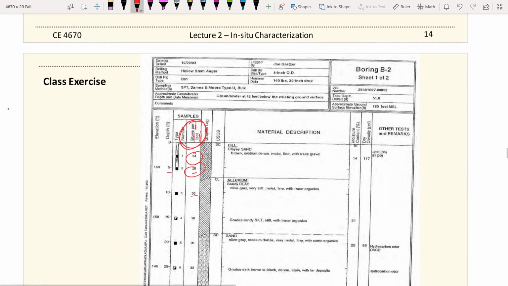So pretty much this gives you the SPT-N values, and you will need the corrections to correct your SPT-N to N60, and you may also need to convert the N60 by multiplying by C sub n to get the N160. So we'll come back to this boring log in our discussion exercise to show you how to do the corrections from SPT-N to N160.